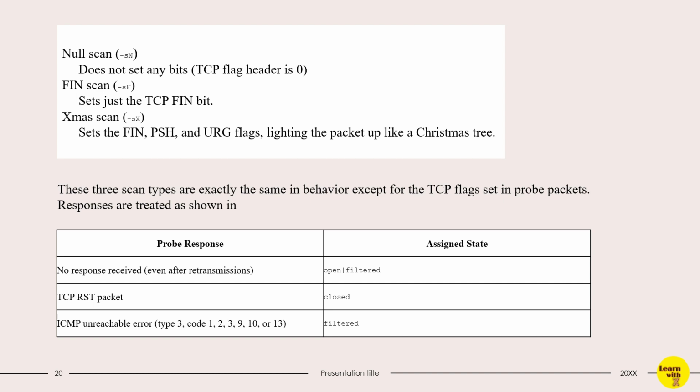When we refer to the Xmas scan, there are only three possible states: open|filtered, closed, and filtered. Nmap cannot detect if the port is open or filtered. Even if the port is open, the Xmas scan will report it as open|filtered. It happens when no response is received from the target.